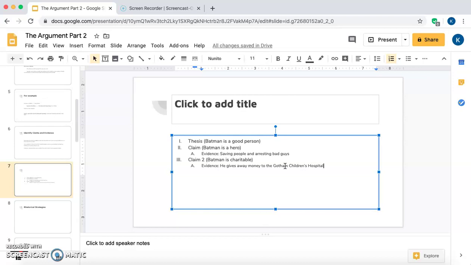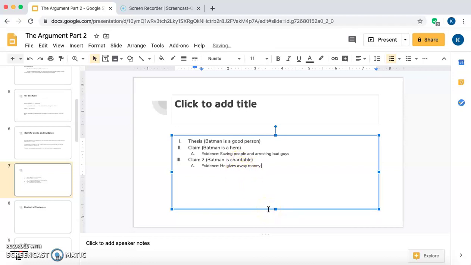I know I'm spending a lot of time on this, but it's because at first, the reason why this argument, Batman is charitable, he gives away money, is not strong is because you're saying the same thing. A person is charitable, that default definition is charitable with money. That's the default. So to say that he gives away money tells us nothing different.